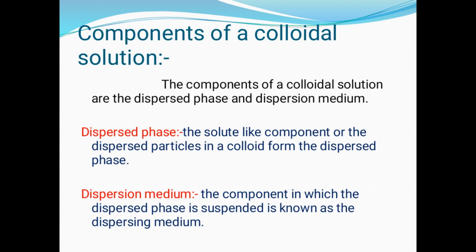Here also the same thing is happening. The dispersed phase consists of the particles which are dispersed in a colloid, and the dispersion medium is the thing which is dispersing the particles. So the dispersed phase is similar to the solute and the dispersion medium is similar to the solvent.